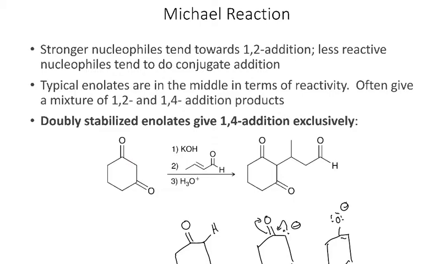So the fact that this enolate is doubly stabilized makes it weak enough that it's going to give me exclusively 1,4 addition. If I react this compound with potassium hydroxide, it's going to deprotonate this hydrogen, giving me the enolate, and then that enolate is going to attack here and give me exclusively 1,4 addition, and it's going to give me this product. This is an example of a Michael reaction.